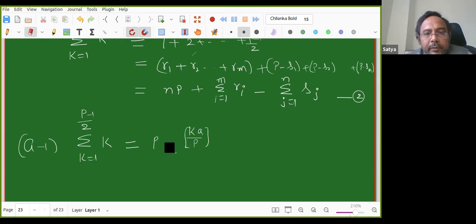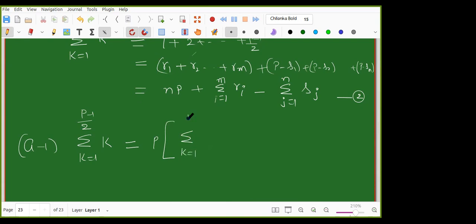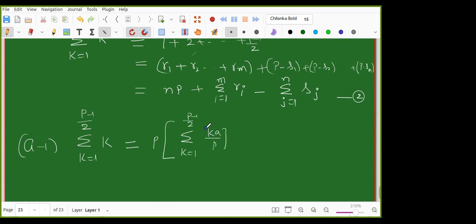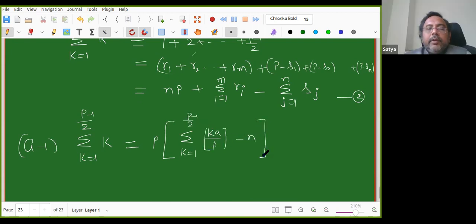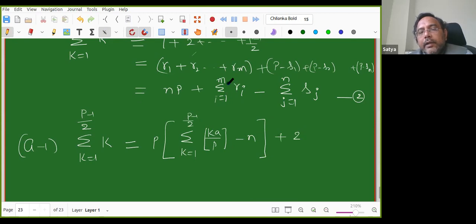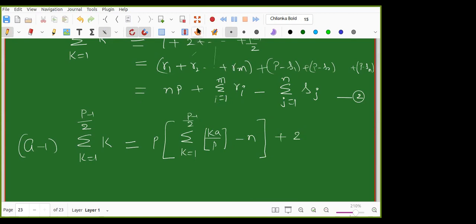There is something missing, so I'll write again properly. This is summation k equal to 1 to (P minus 1) by 2 of floor(Ka by P) minus n, minus this portion, plus 2 times summation.